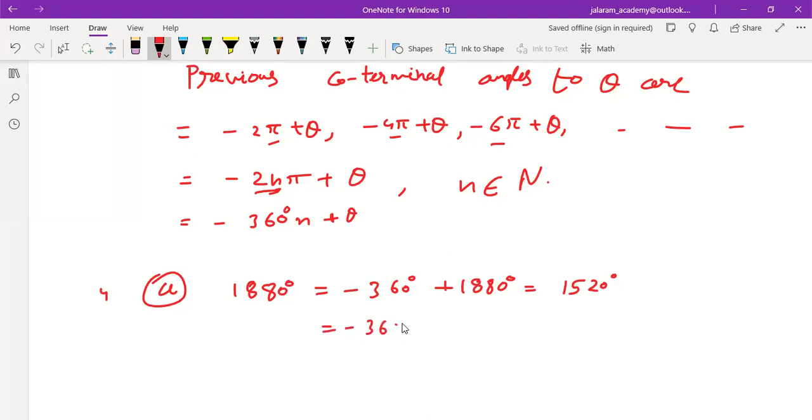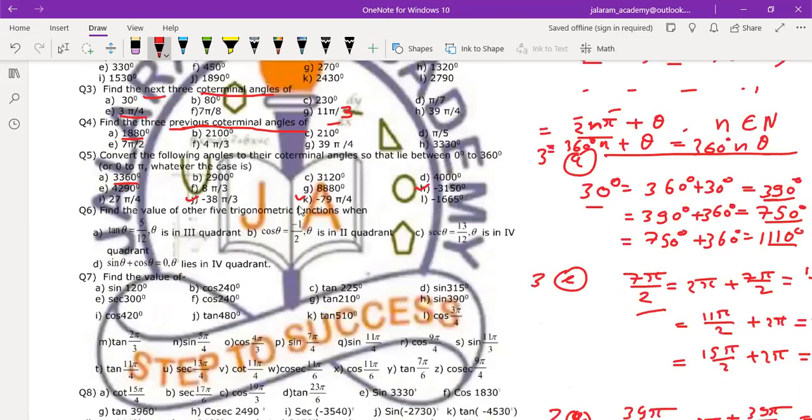Again, we add minus 360 degree to this 1520 degree, so it is 1160 degree. Again, if we add minus 360 degree, it gives 800 degree. So these are the previous coterminal angles.